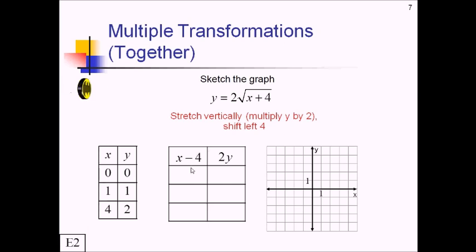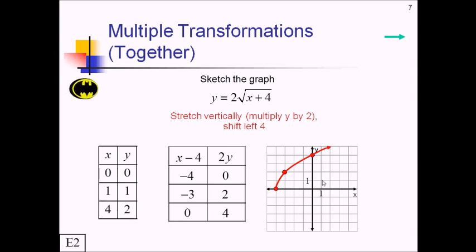So for the x's, we should have -4, -3, and 0. For the y's, we should have 2 times 0 is 0, 2 times 1 is 2, 2 times 4 is 4. And graphing those out, we got -4, 0, -3, 2, and 0, 4. And make the square root function through those.